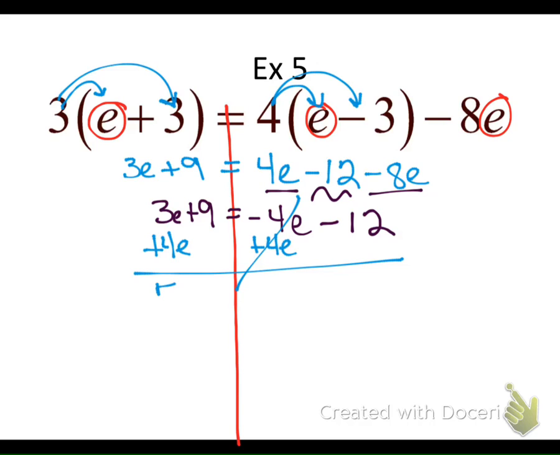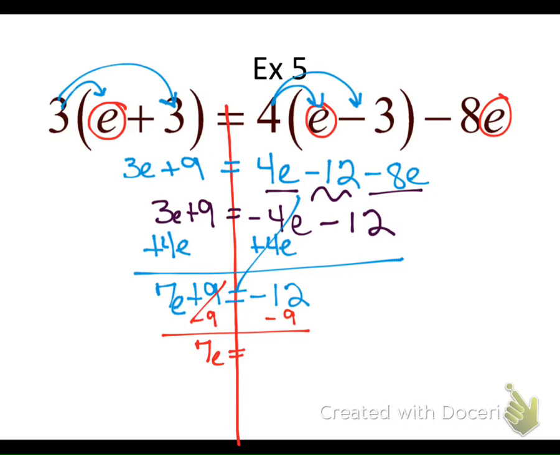Equals, and then you already told me the negative 12. Moving right along. Now what do I do? Get rid of that plus 9 by. So 7e. Negative 12 minus 9. Negative 21. And I'm sure on that one.